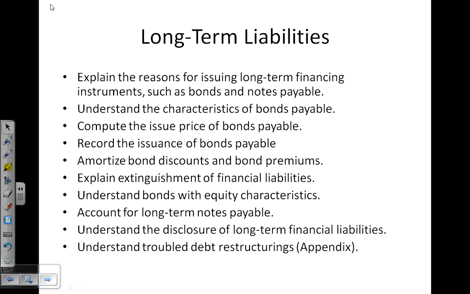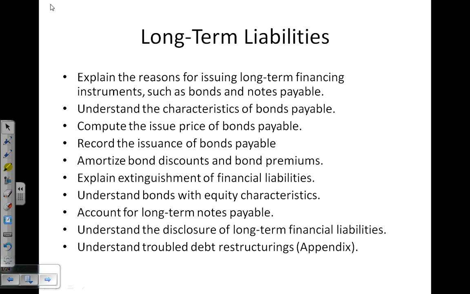We talked about long-term notes payable, three types, right? When it's issued for cash, usually at a discount. When the long-term note payable is issued for cash plus some right or privilege that we've provided to the creditor. And then long-term notes payable issued for assets or other equity or whatever.